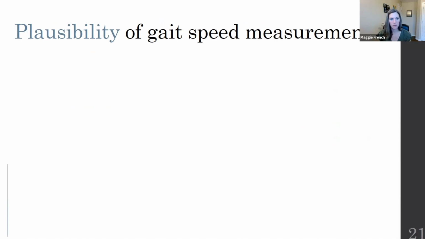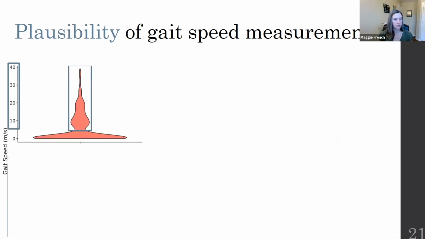The first one that we'll look at is related to gait speed. So this figure here is showing all of the values for gait speed from one field within our medical record. And if you're a PT, the y-axis here should jump out at you. Average gait speed for a healthy individual is about 1.2 meters per second. But here we're seeing observations as high as 40 meters per second.